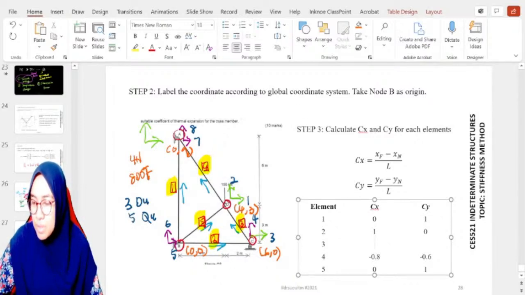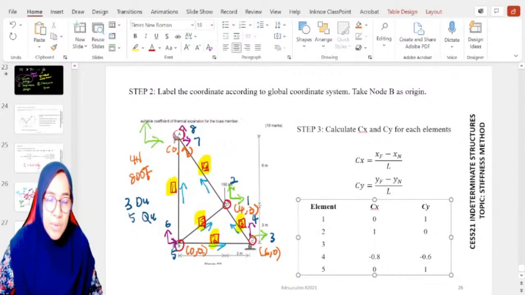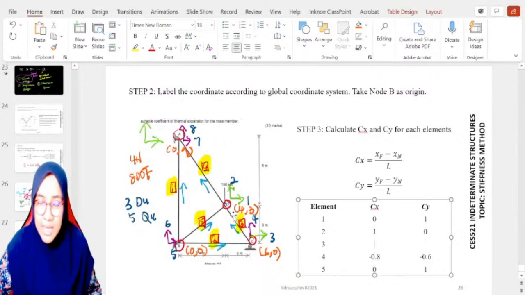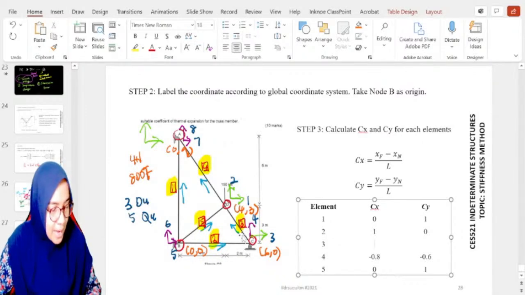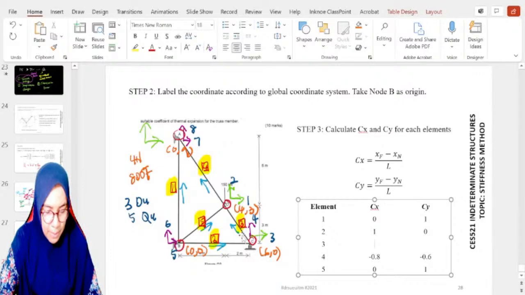For Cx, we consider the x coordinate from far minus near. Far is 4 minus 6, which is negative 2. Negative 2 divided by 3.61.